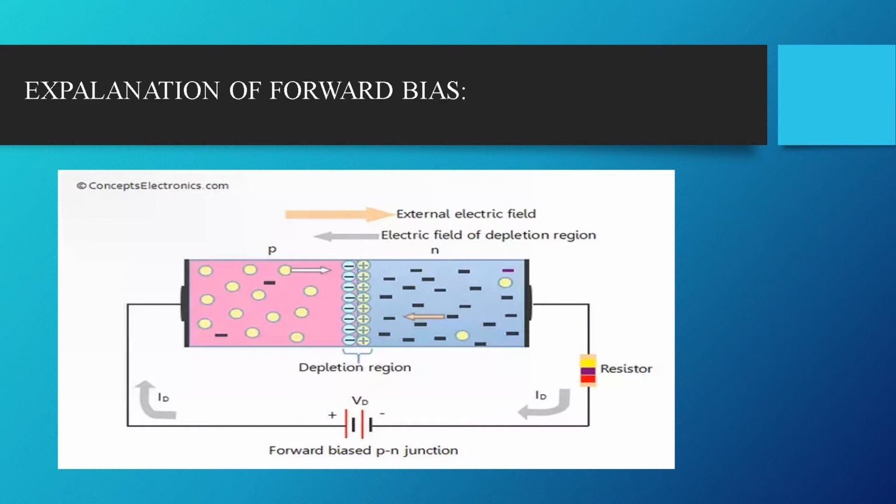As we know, there are two types of diode, which is silicon diode and germanium diode. For silicon diodes, the forward potential barrier is 0.7 volt, and for germanium, it is 0.3 volt.